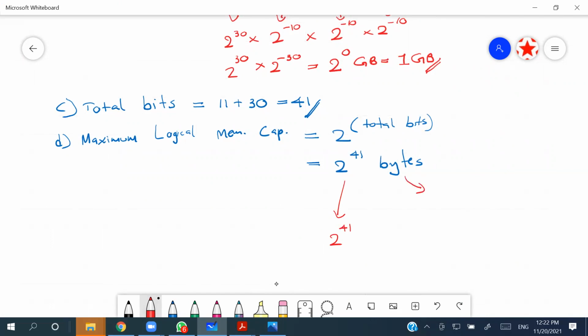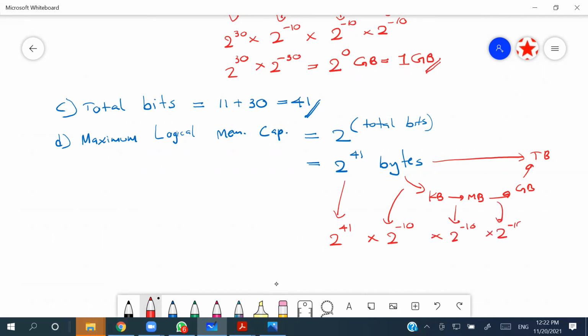Our journey: bytes into kilobytes, kilobytes into megabytes, megabytes into gigabytes, and gigabytes into terabytes. So 2 to the power minus 10, 2 to the power minus 10, 2 to the power minus 10, and again 2 to the power minus 10.